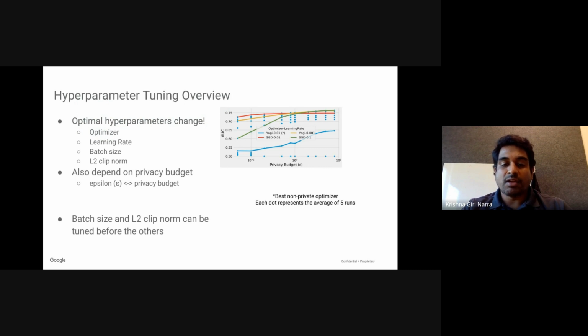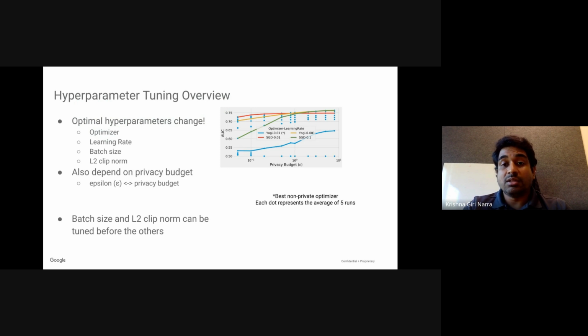During non-private training, the model hyperparameters for these models are extensively tuned. So in this plot, the blue line indicates the best hyperparameters from non-private tuning used during DP-SGD training. We can notice that it doesn't perform very well in the private DP-SGD training. So there are other optimizers and parameters and learning rates which actually perform much better.